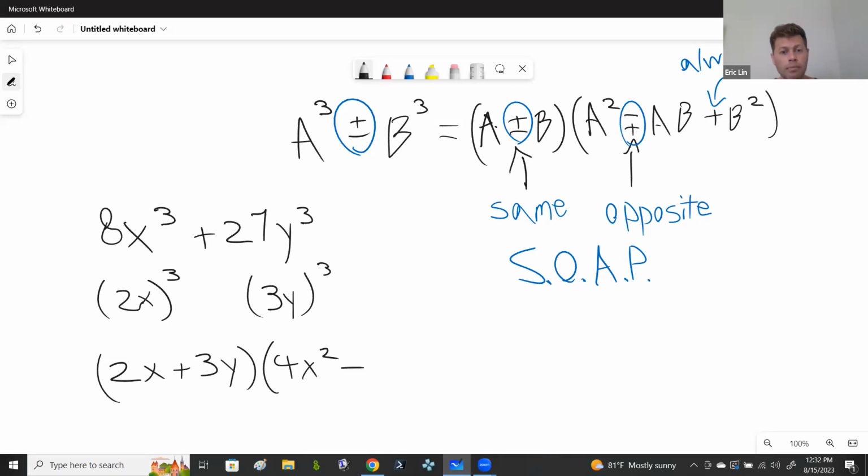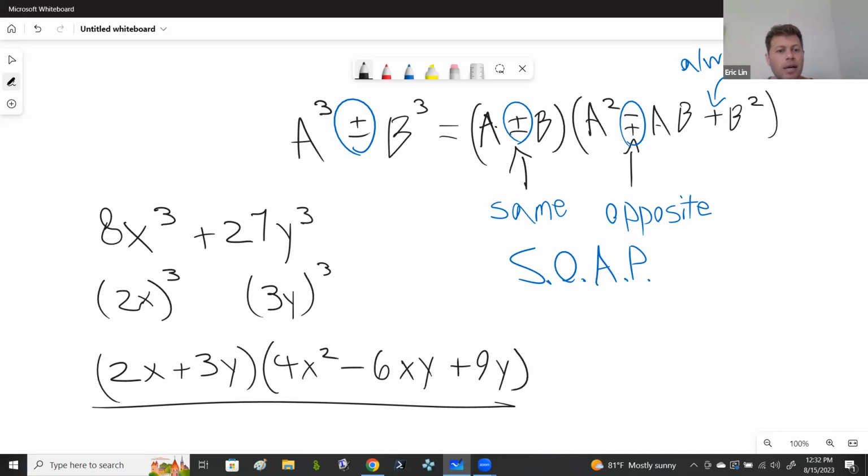The opposite sign, and then a and b multiplied together, so 2x times 3y should give me 6xy, plus, because it's always positive, b squared. So 3y squared should end up with 9y squared. And there you have it.